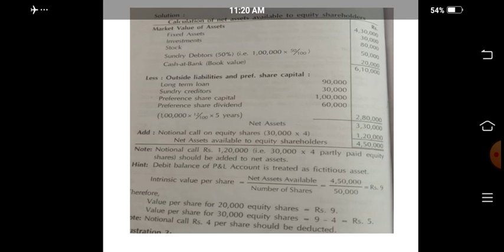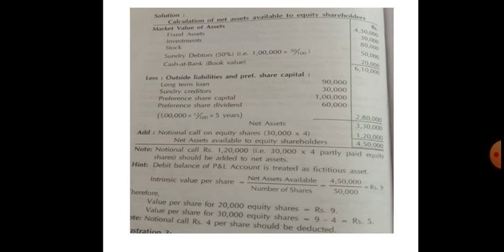Okay, so now see the calculation of the net assets available to equity shareholders. The fixed assets we know are 4,30,000, investment 30,000, stock 80,000, sundry debtors 50,000, cash at bank 20,000. The total is 6,10,000. From that we have to deduct the outside liabilities and preference share capital.